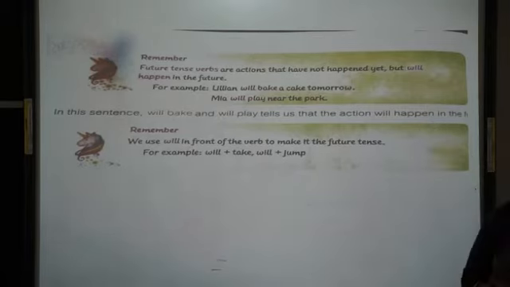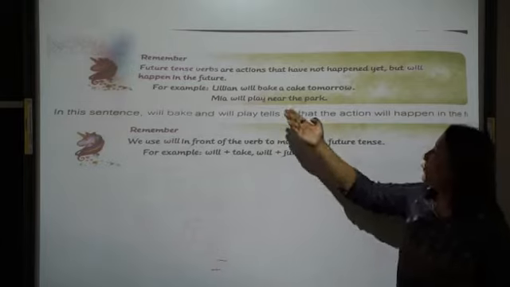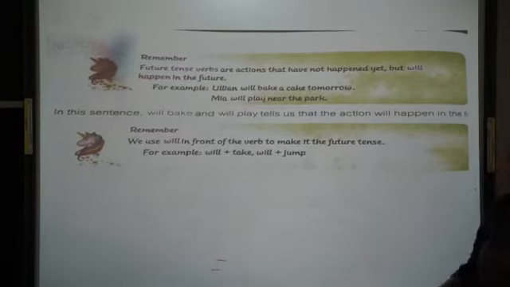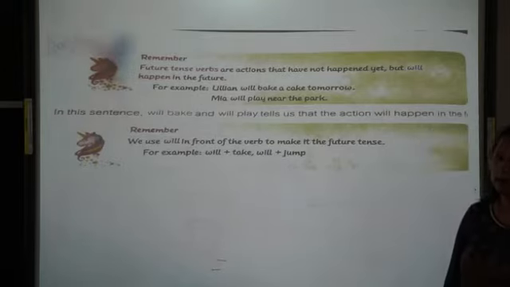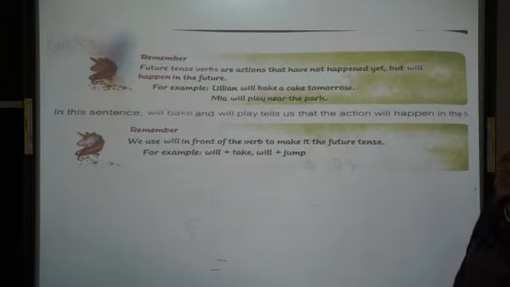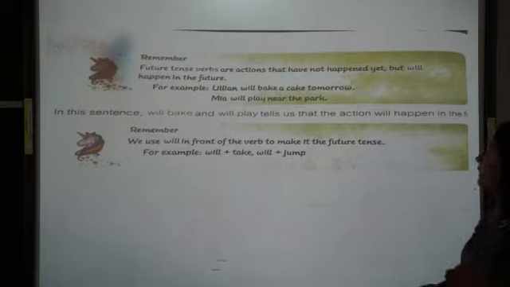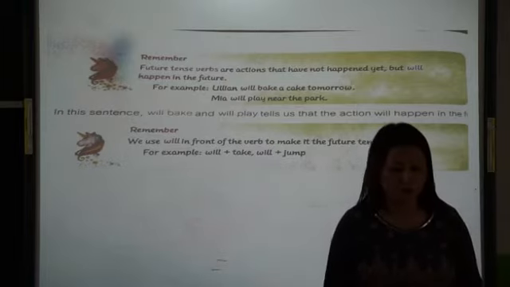For example, Lillian will bake a cake tomorrow. Mia will play near the park. So in these sentences, will bake and will play tell us that the action will happen in the future.